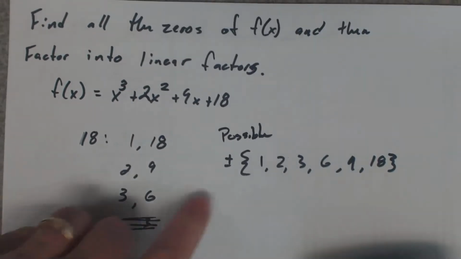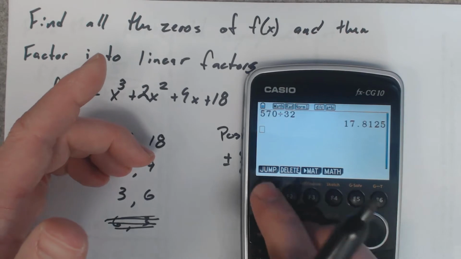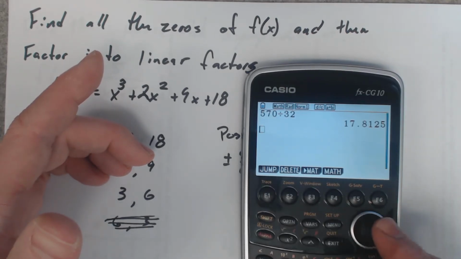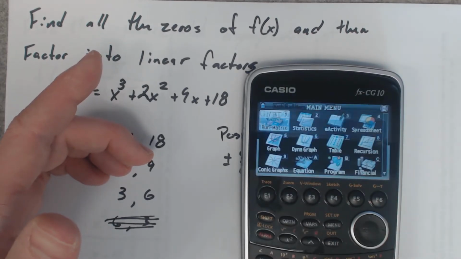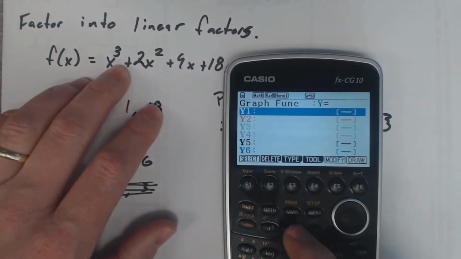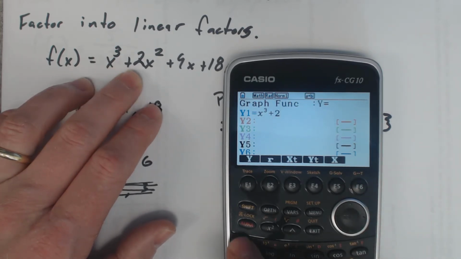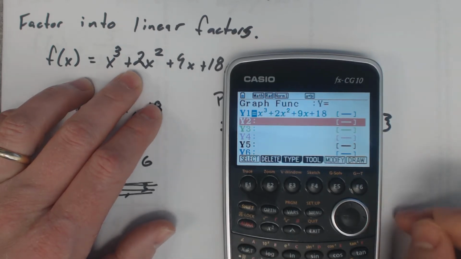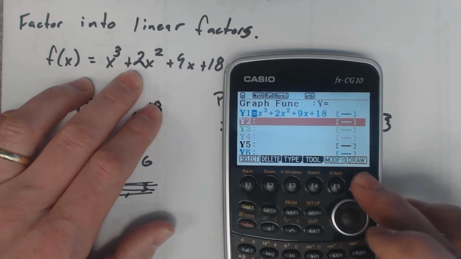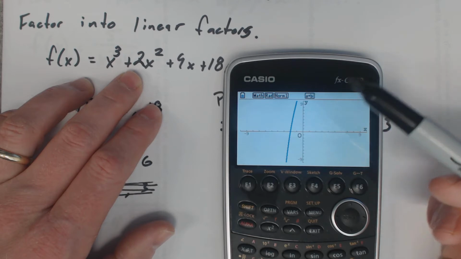So I'm gonna graph this guy and see if any of these hit, because a zero is an x-intercept, right? So let's graph this bad boy. Alright, here's one of them at -2.